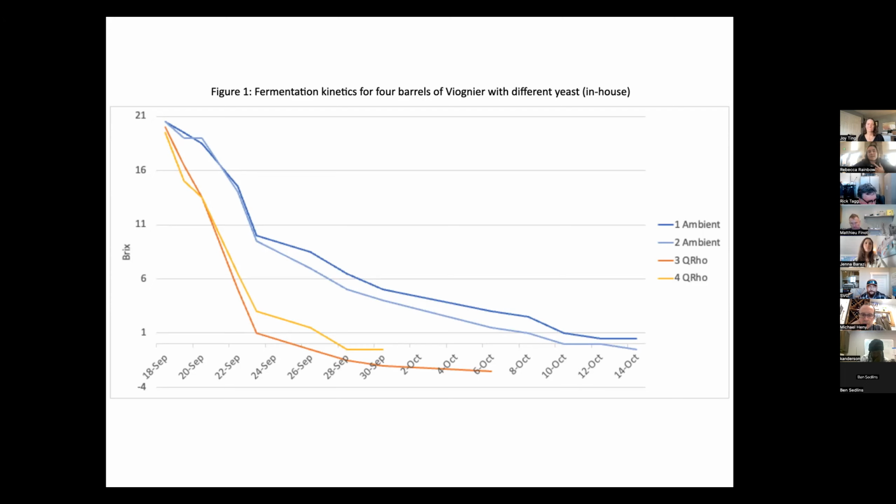Otherwise, the Q row did exactly what it was supposed to. It did finish with a little bit of residual sugar, which will be blended out, so it's not that big of a deal. I ended up stopping it just for concerns about, once again, the natural yeast and completion purposes.